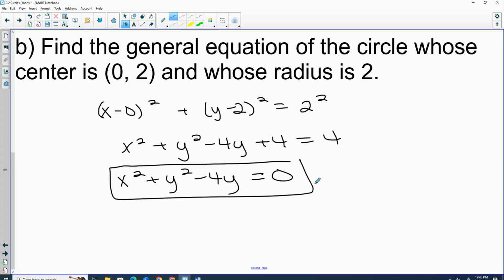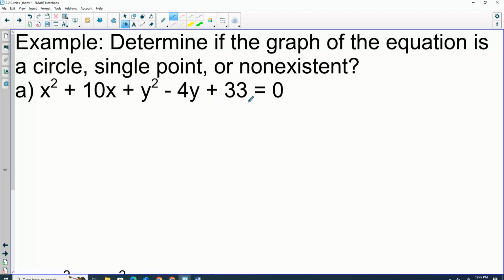The last thing I want to do is start with something written in general form and figure out if it's the equation of a circle. So to do that, we have to figure out, can I go back to center radius form? And it's going to involve completing the square here.